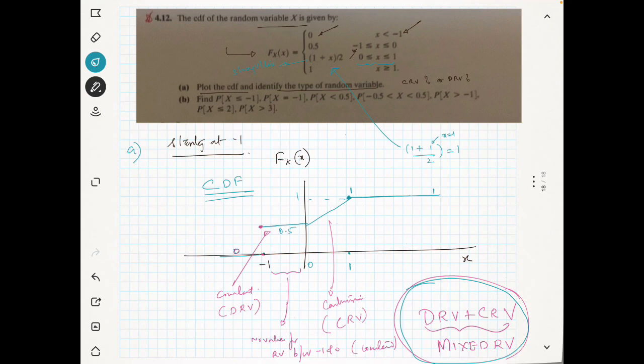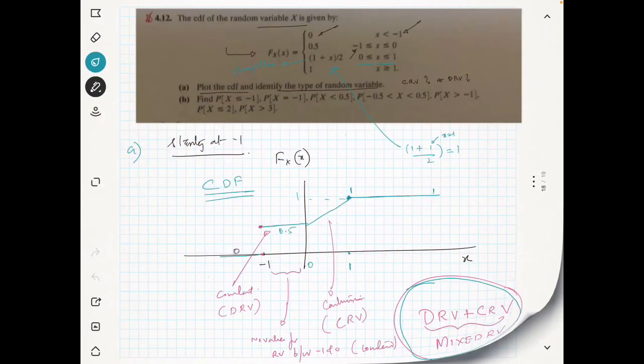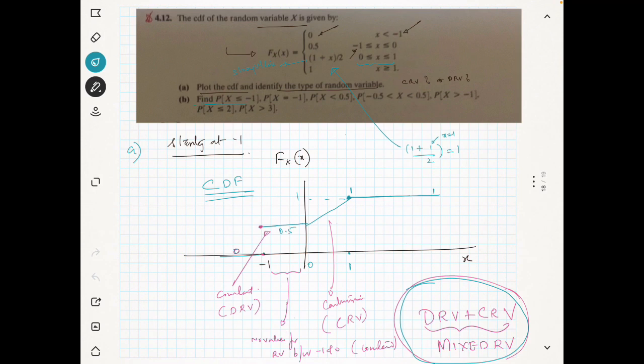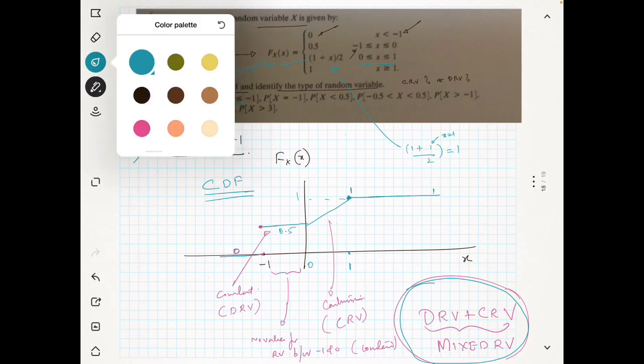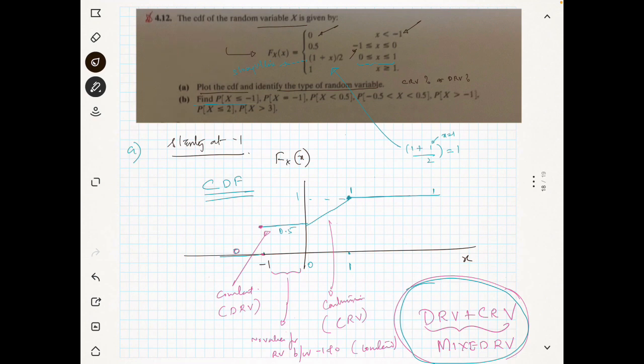Next, we have to find the probability that x is less than or equal to -1. We have a lot of things to find now, so we will see one by one. Part B, the probability that x is less than or equal to -1 is nothing but Fx of -1.